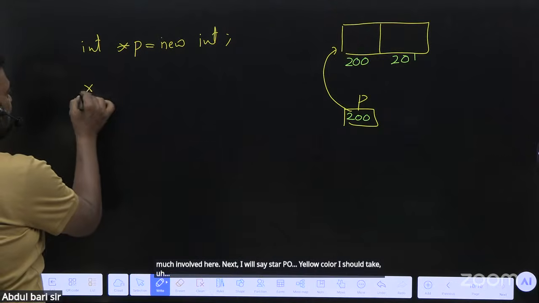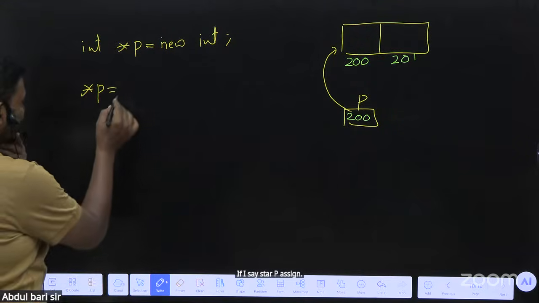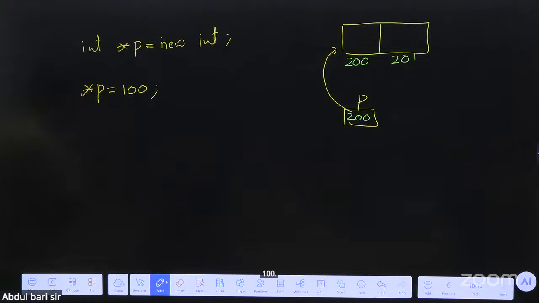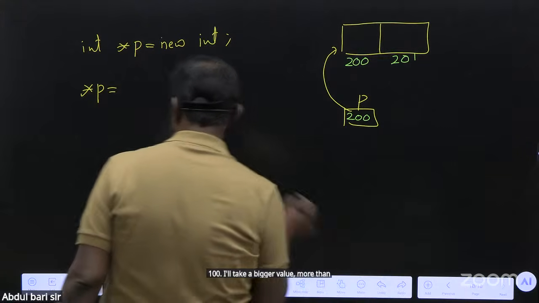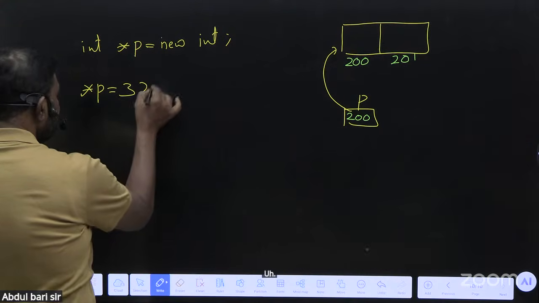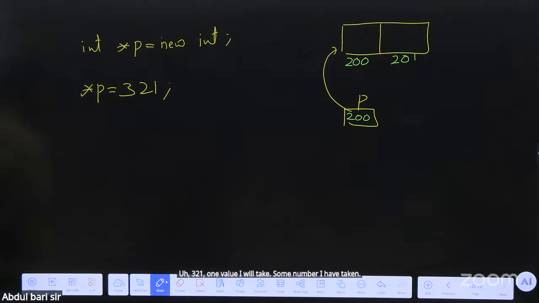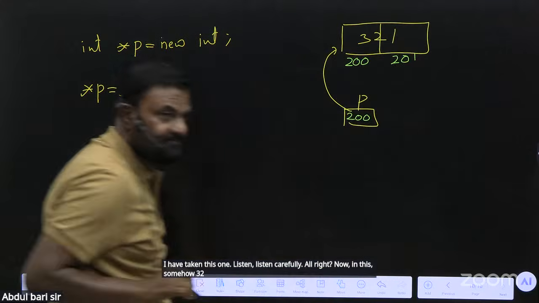If I say star p assign 100, I'll take a bigger value, more than 256. 321, one value I will take. Some number I have taken. Listen carefully. Now, somehow 321 is stored.